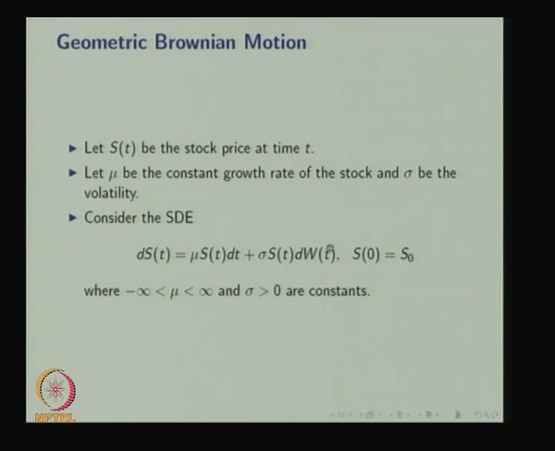Because of this dW_t, this equation is a stochastic differential equation. We are going to find the solution of this stochastic differential equation, and the solution is a stochastic process, nothing but the geometric Brownian motion, and this model is called the Black-Scholes model.